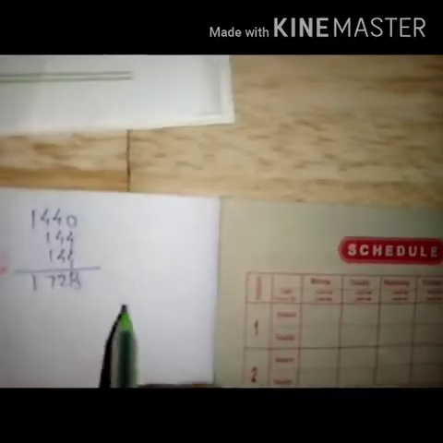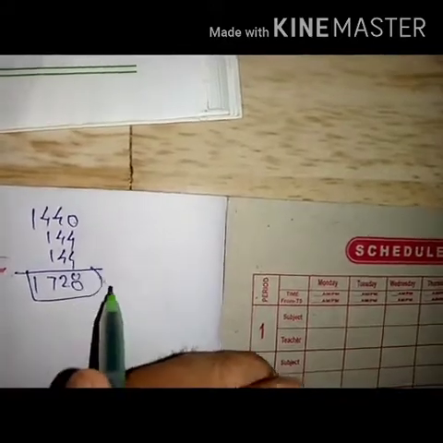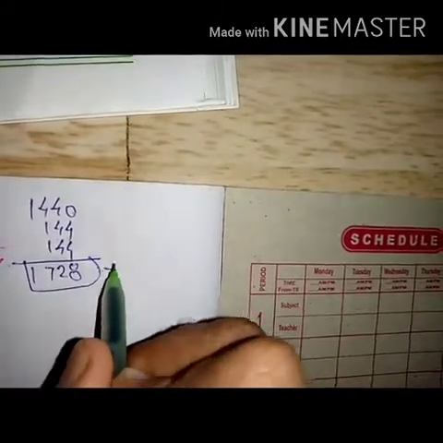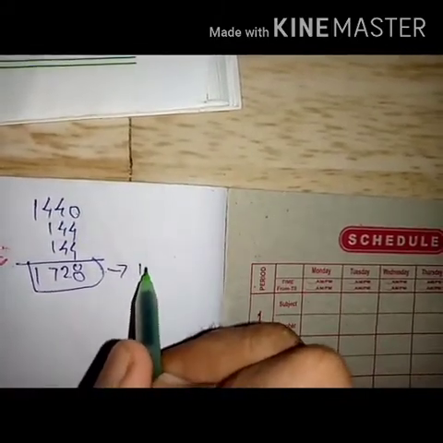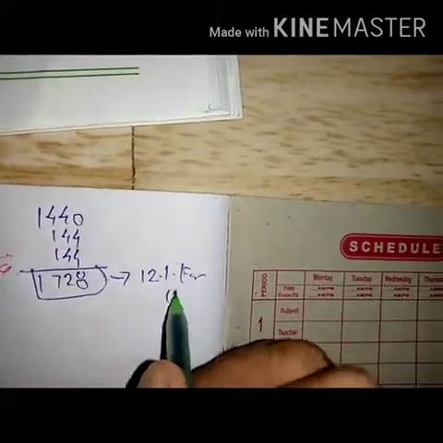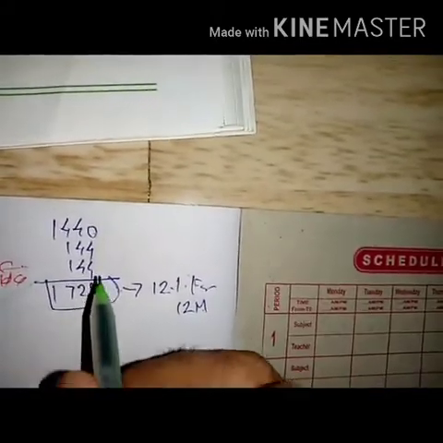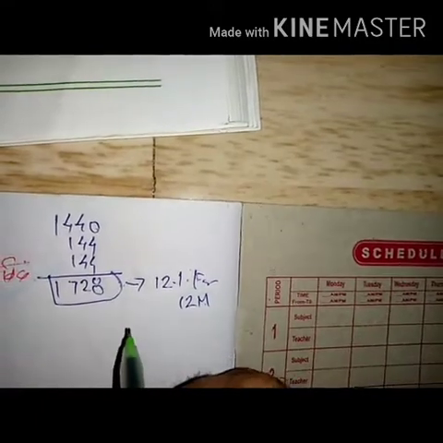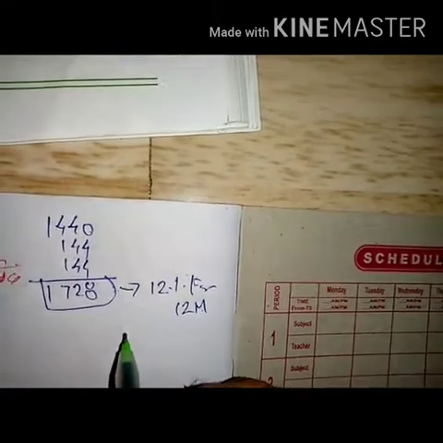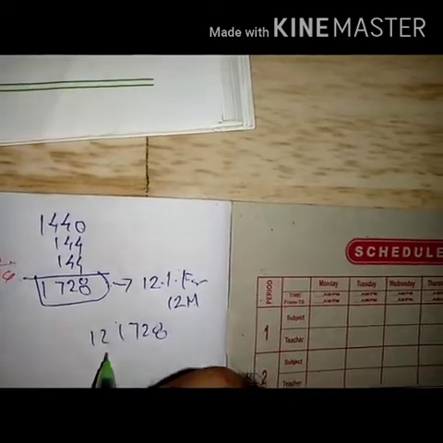that is 1728. This 1728 is for the whole year, that is 12% for 12 months. So you can divide it by 12 again, and you need to calculate this way: 1728 divided by 12.